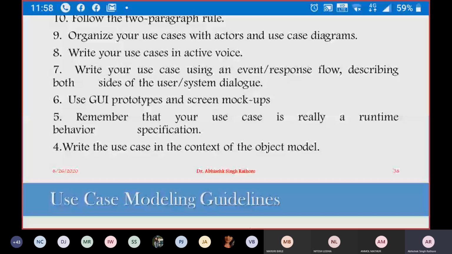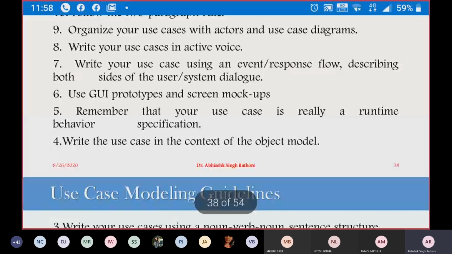class diagrams. Then again, remember that your use case is really a runtime behavior specification. So when you are driving your design from the use cases, it means that you draw a sequence diagram from each and every use case. For example, let's say I want to log into your system.